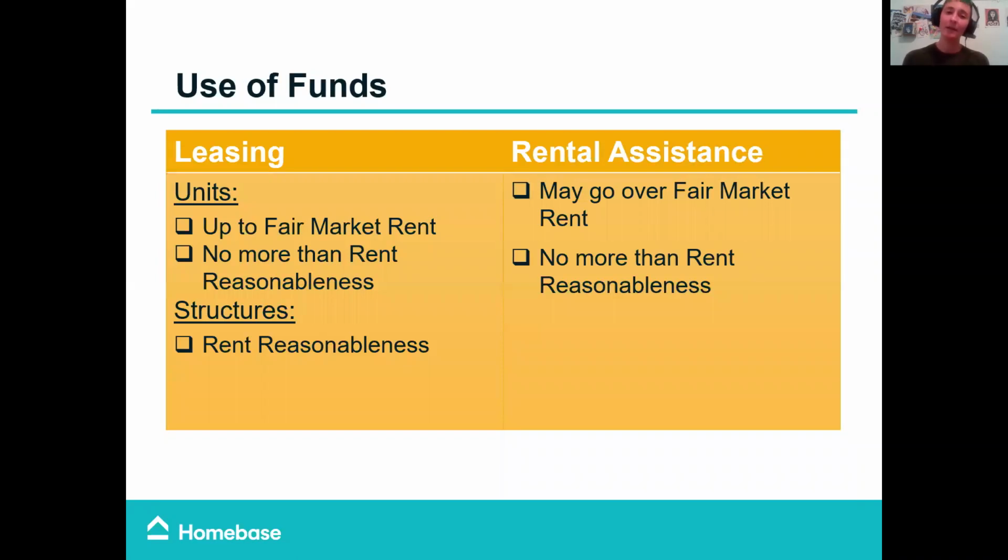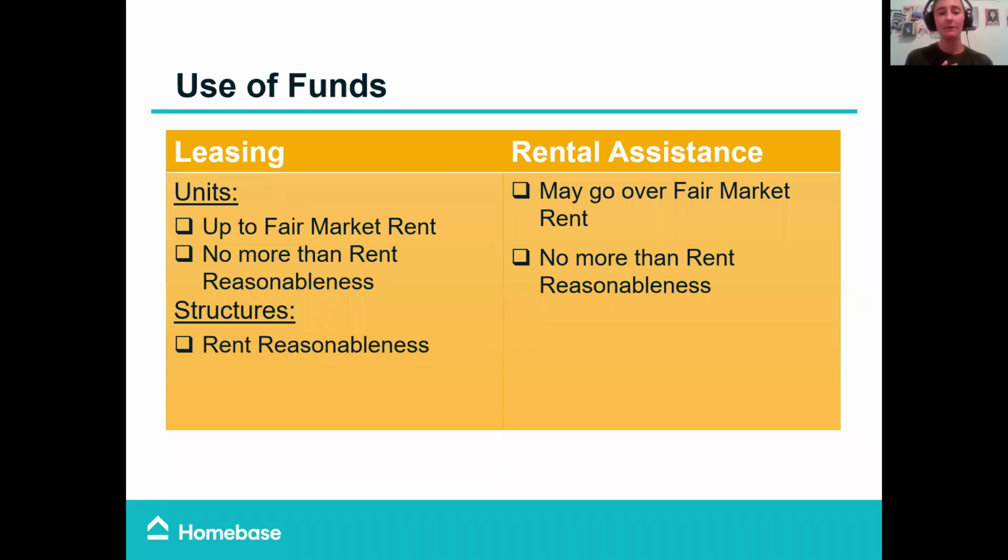So for leasing, when you're looking at the overall cost of a unit, which we'll talk about what that means later on in the training, the cost of that unit can be up to fair market rent, but it can't be over fair market rent.